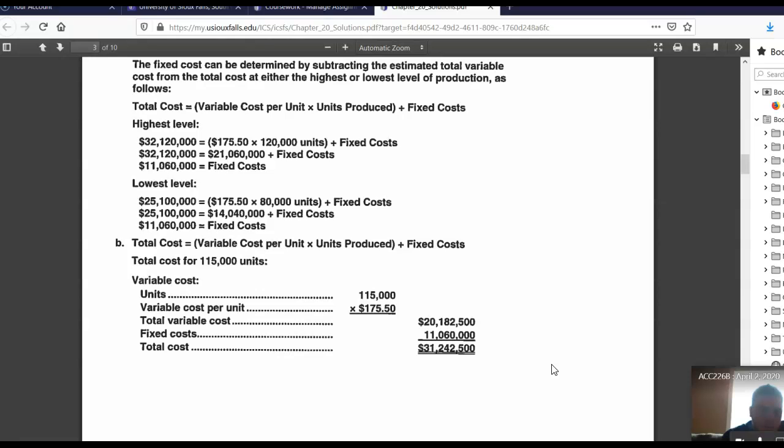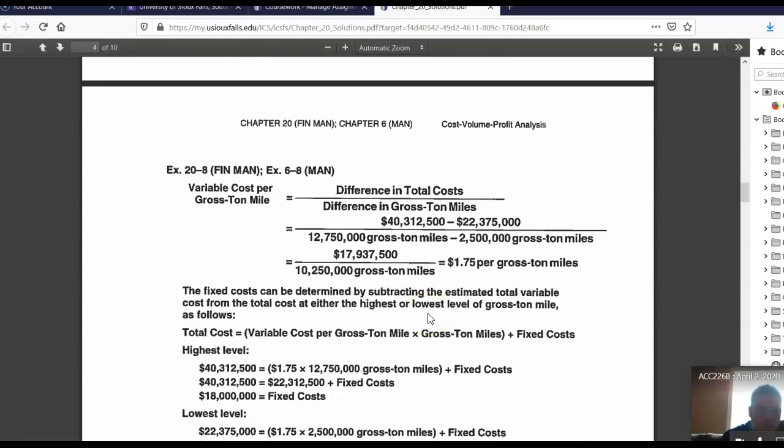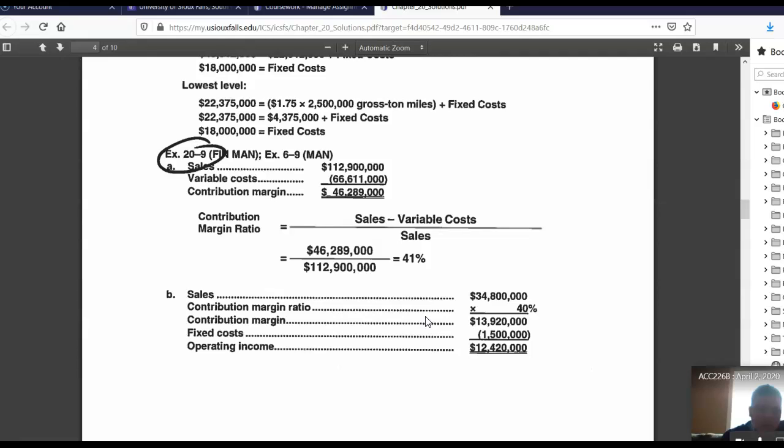Moving on to number 9, and where this is all getting to is right here. We're going to try to figure out what our contribution margin is. Number 9 says, a young company budgets sales of 112.9 million, fixed costs of 25 million, and variable costs of 66.6 million. What is the contribution margin ratio? This is something we'll have to know. How do you get to contribution margin? Sales minus variable costs is the contribution margin.